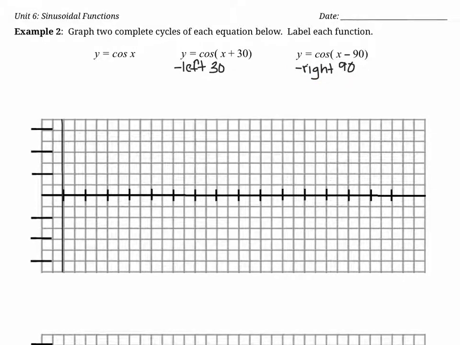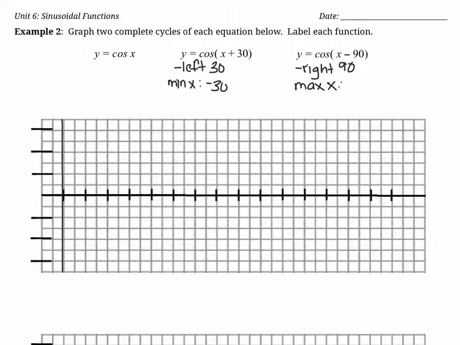So if I start writing a little note to myself, the minimum x value has to be -30, and our max x, well, if we originally were supposed to go up to 720 because we've got 2 cycles, we've got to add another 90 to that to find our maximum x that we need to graph.